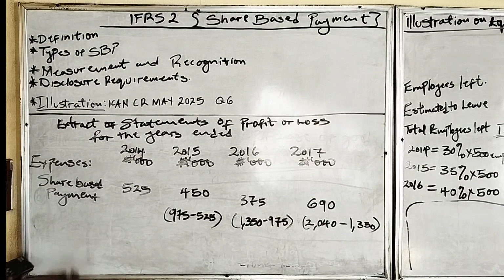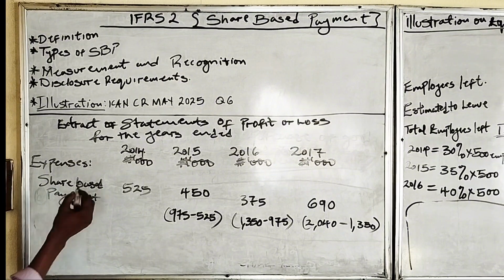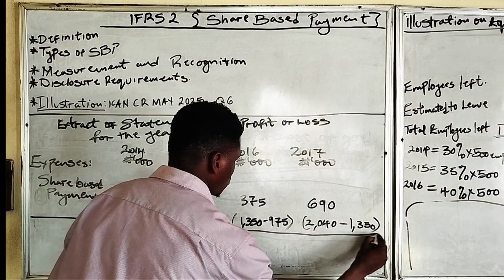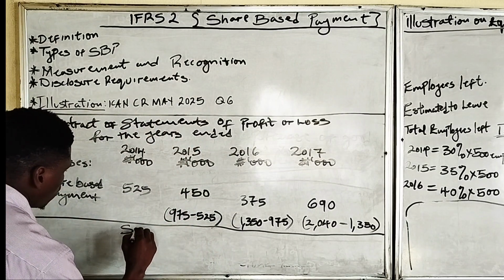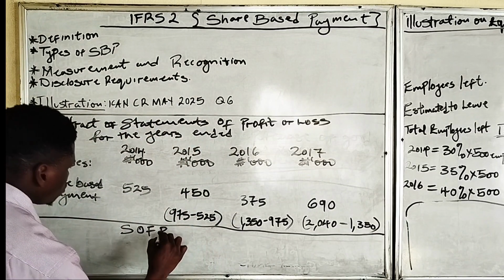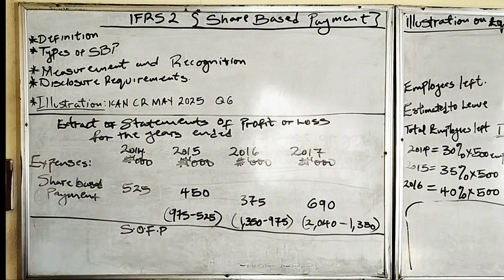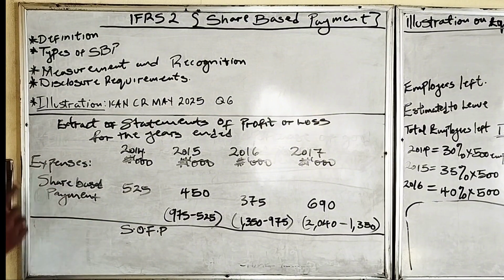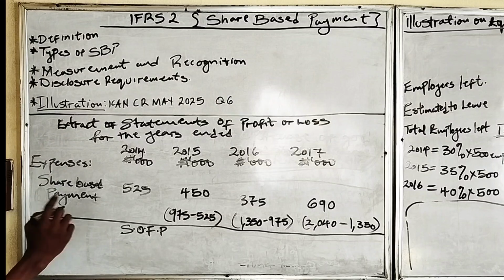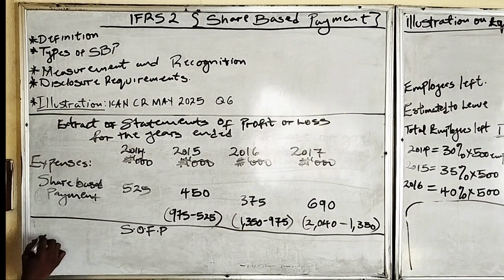So that's one. Then the other one is the extract of statement of financial position. Since this is an equity settled share-based payment, we will have it under equities.